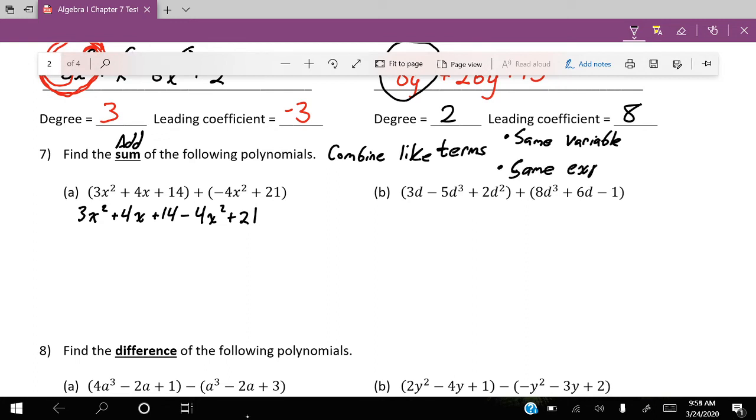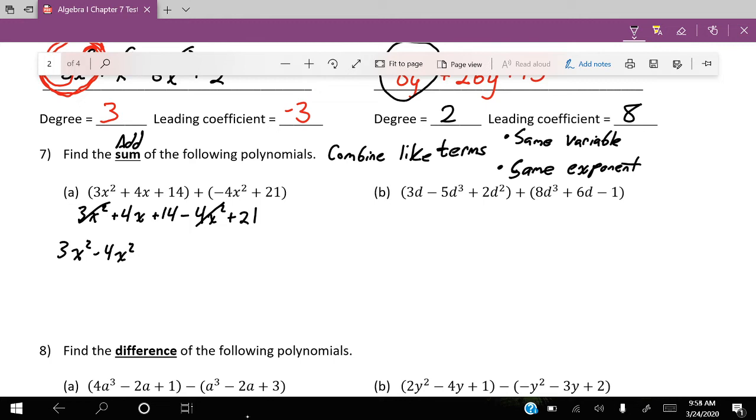So I'm going to put these next to each other. We've done a bit of combining like terms earlier, but I think it's important to always stipulate what like terms need. So we're going to look for things with the same variable and same exponent. I noticed that 3x squared has a like term, so I'll put 3x squared first. 3x squared and negative 4x squared have the same variable and same exponent, so I'm going to cross those out right now.